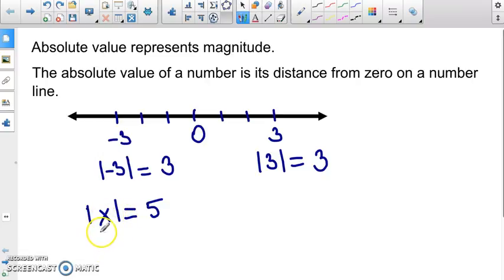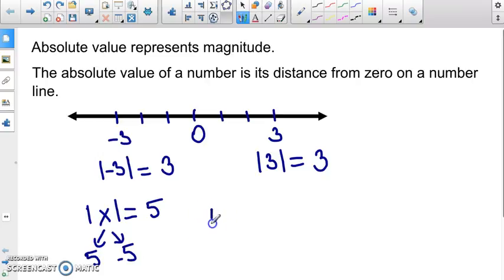So I know that it can be positive 5 because positive 5 is 5 units away from 0, but negative 5 is also 5 units away from 0. So when we are working with absolute value equations, we have two possible solutions. So we're going to consider two different cases.